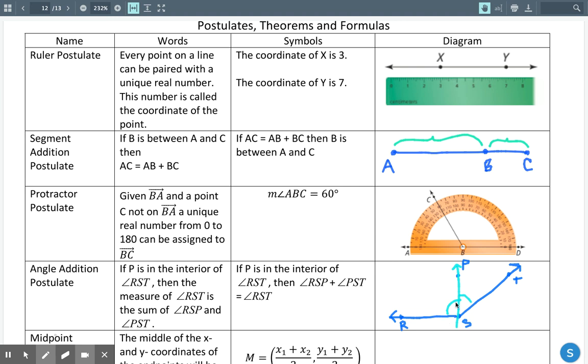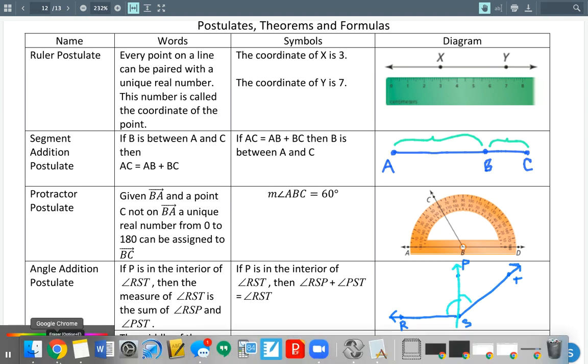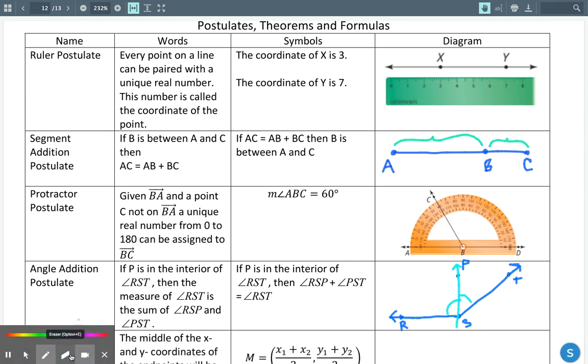So RSP, this angle, plus PST, which is this angle. If I add those two angles up, I will get the whole RST. I will get the whole thing. So that's just saying I can add two angles together and get a larger angle. Just like the segment addition postulate says I can add two segments together and get a longer segment. So hopefully that makes sense.